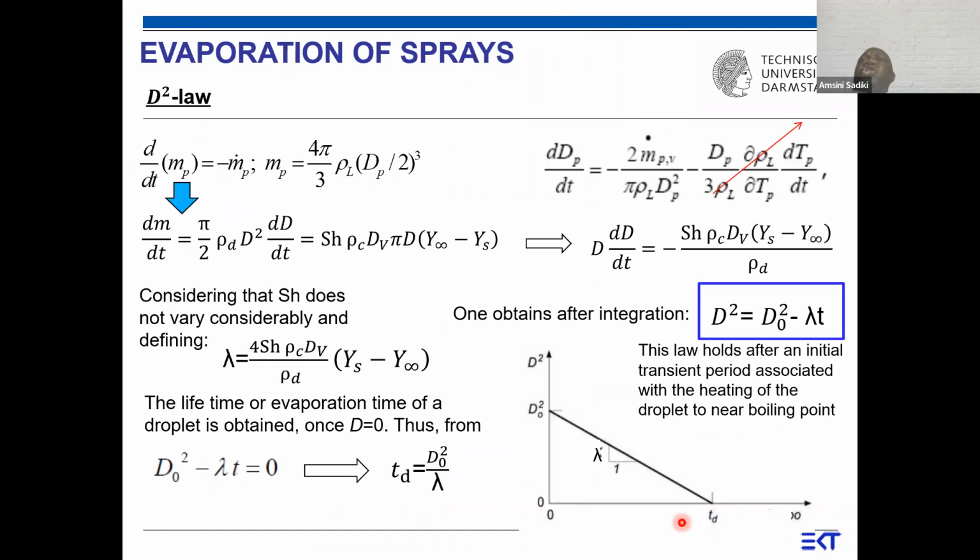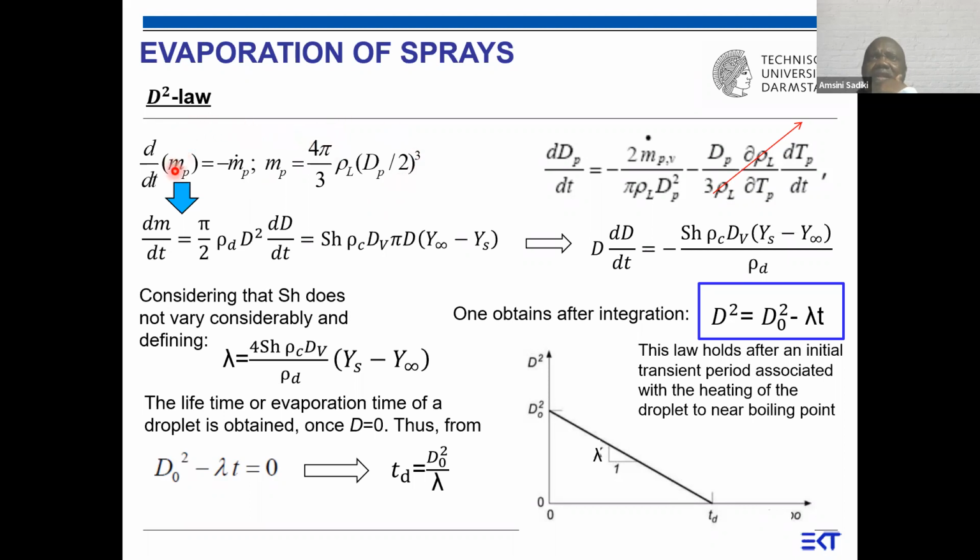So let's now show the evolution of the droplet size. We have this m dot evaporation rate. We have to introduce this quantity here in this expression.